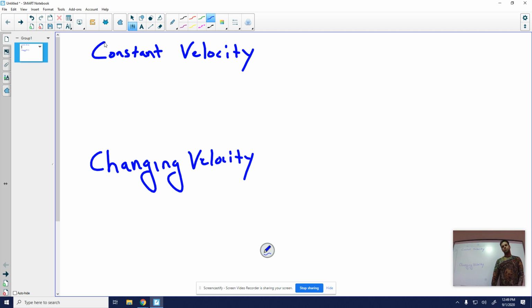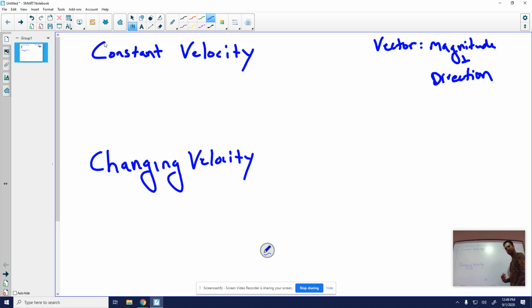Or there's actually one more thing that would be an example of changing velocity, and that would be if I'm turning. Because velocity is a special word called a vector. And what a vector is, it's a magnitude and a direction.